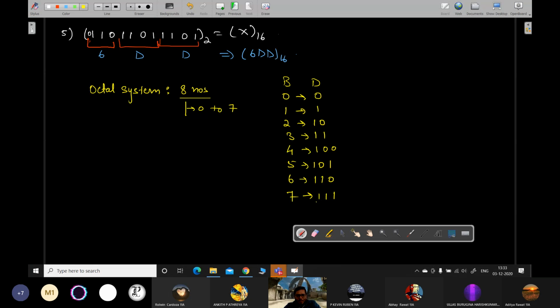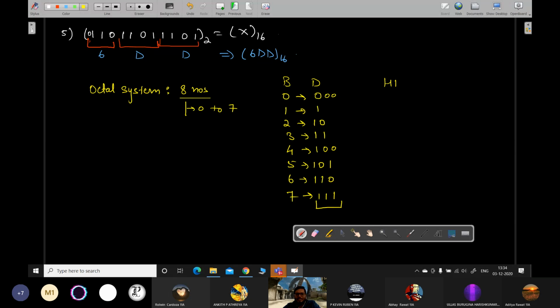Therefore the maximum will be 111. That is why it is 3 digits, and the minimum will be 000. So if you take groups of 3, all the minimum and maximum values which can be the digits can be accommodated when you convert to binary.